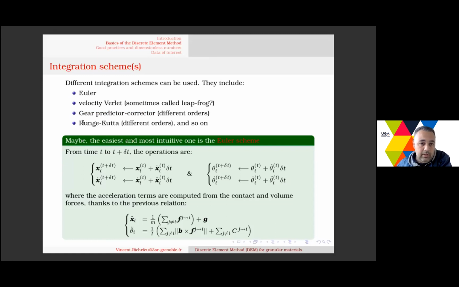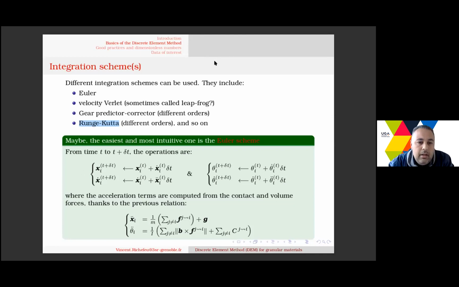And the Runge-Kutta integrator is very accurate, but most of the time we don't need something so accurate. Okay, and with this kind of integration scheme, we need to perform at each time step more than one force evaluation, and this is what costs the most in the DEM.